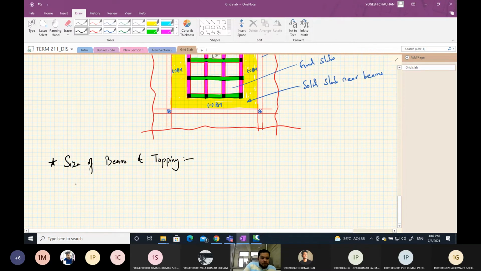As discussed, usually the spacing of such beams is between 1 meter to 2 meter.